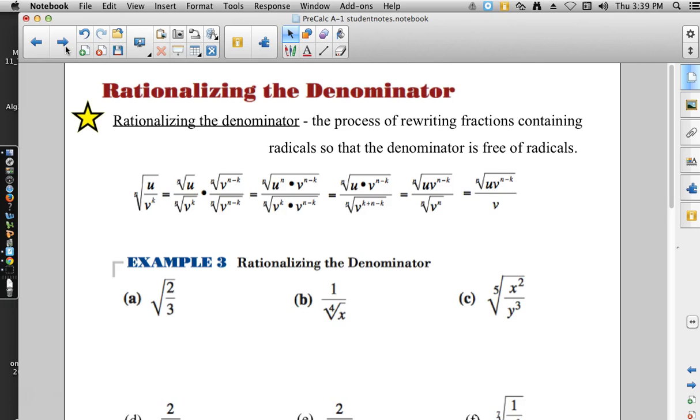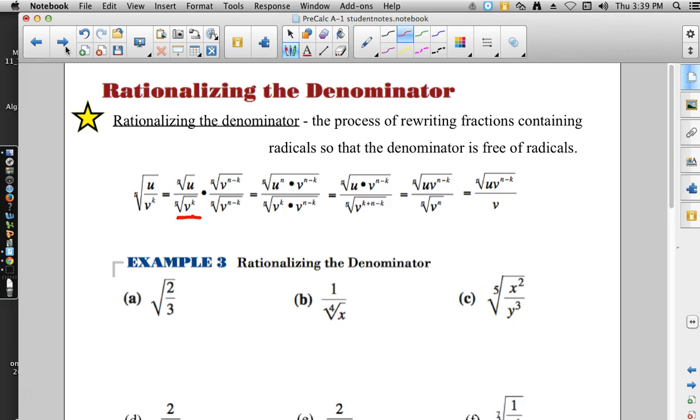So this is an algebraic formula that they're showing us to do this. It's not as difficult as it all seems up here when we get to the problems themselves, but let me talk you through it. We're going to find the nth root of u over v to the k. Well, the problem is the denominator. When we split it up, that doesn't work out nicely because the index and the power don't match.